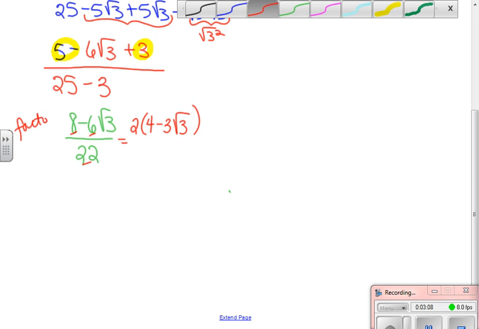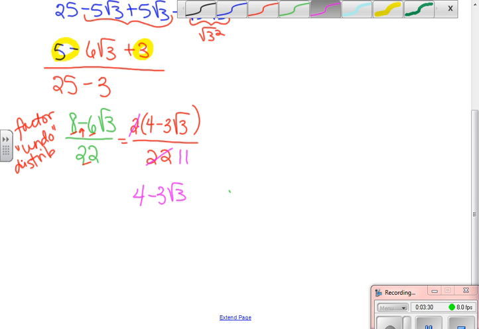Okay, so you're going to undo the distributive property to take that common factor out. Because remember, I can't cancel next to addition or subtraction. This is all over 22. Now I have a multiplication problem right there, and 2 and 22 will cancel. And so I have 4 minus 3 square roots of 3 all over 11. And that is in lowest terms.